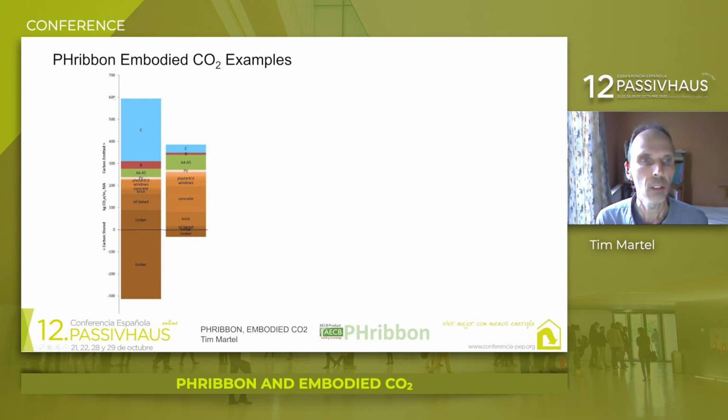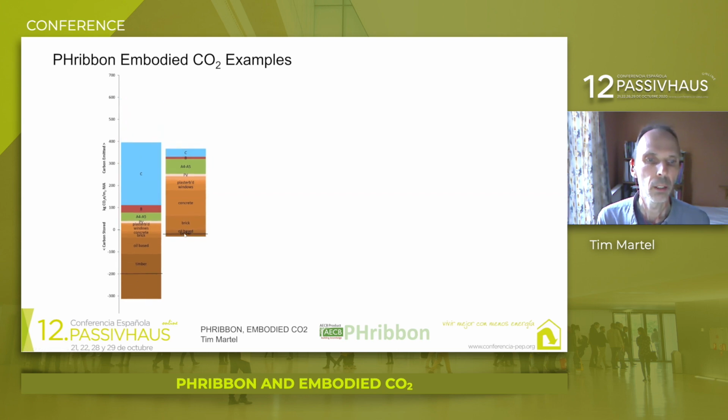So you start with 600 and you subtract 300 and you get 300 overall, and that's the overall CO2 of the building. And for this one too, you have to subtract this negative part. So I'm going to do that by shrinking the graphs. There we are. So now the height of this one is lower than this one. So this is actually better.